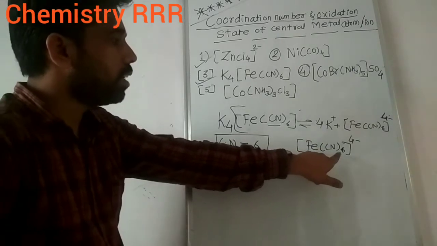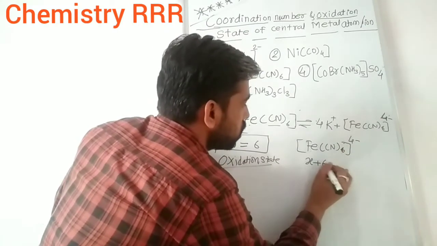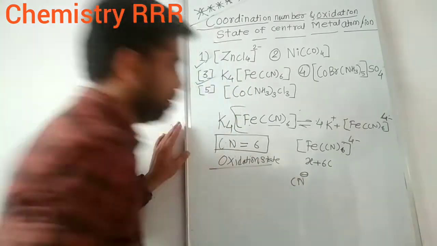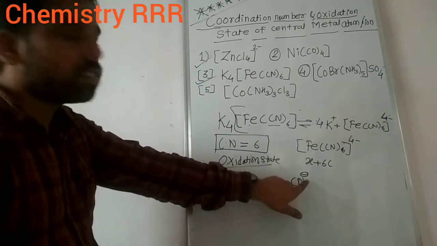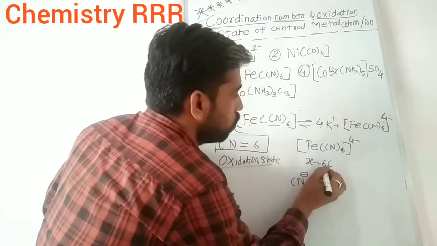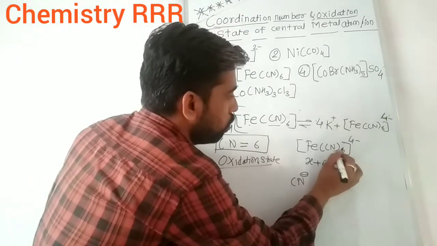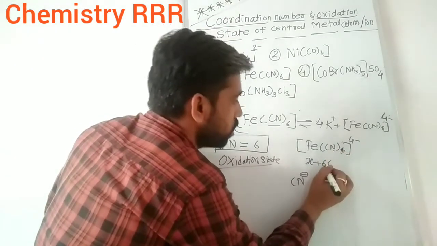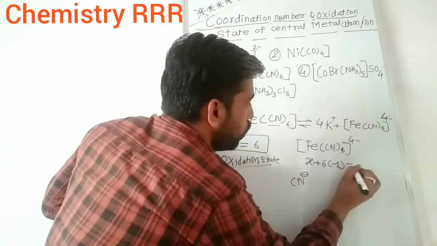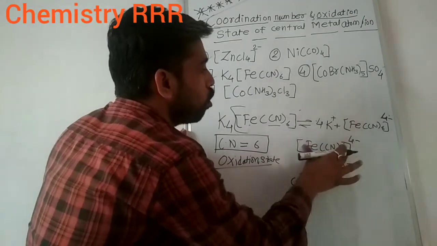The number of cyanide is 6, so 6 into the charge on each cyanide, which is -1, is equal to the total charge on the complex ion.